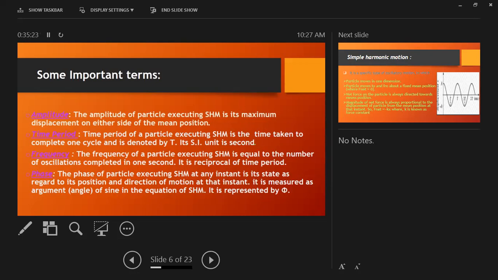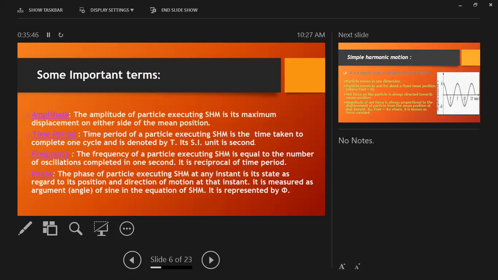Now when I say this angle is phi, understood now? Suppose this is 90 degrees. So when I say this is pi by 2, the particle is at B here.